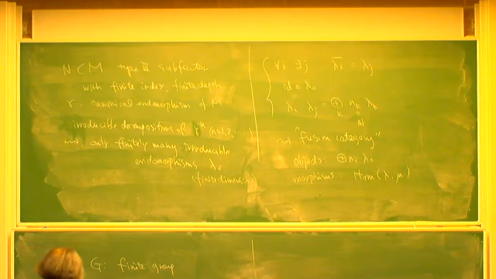Then we also need a graphical calculus, which was already introduced by Dave. But unfortunately, I have the opposite convention from the one used by Dave. I compose maps from top to bottom, the other way.